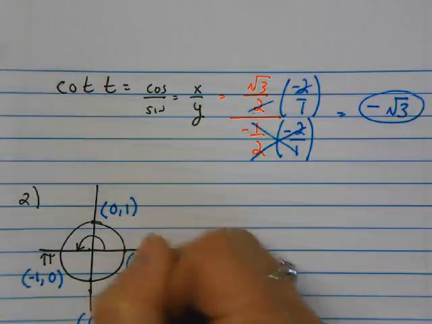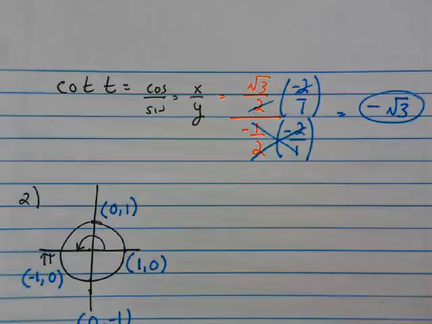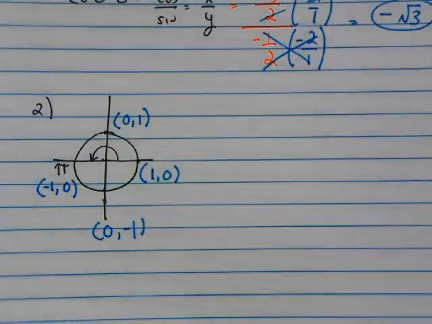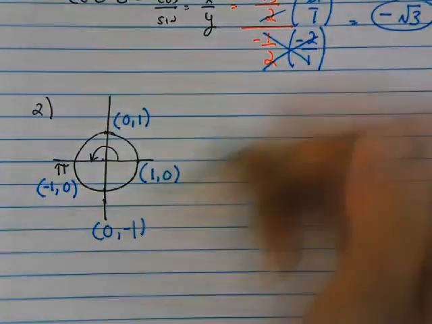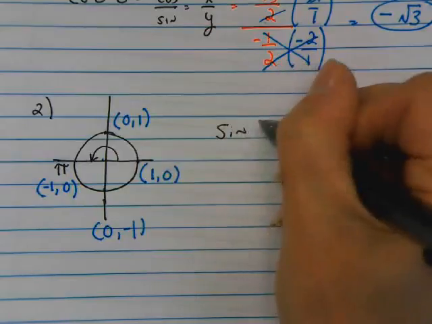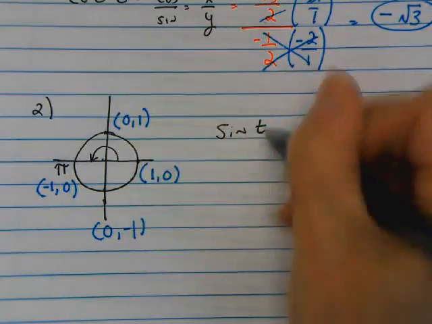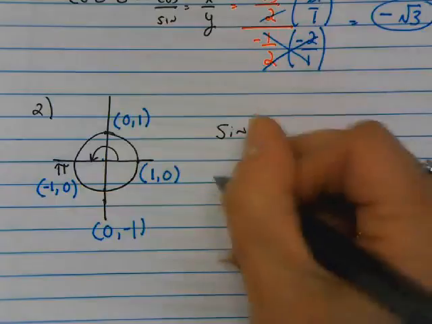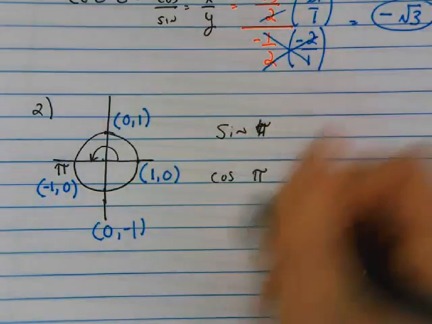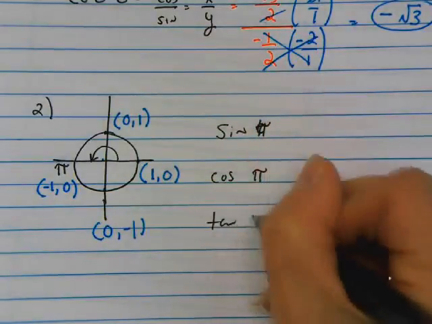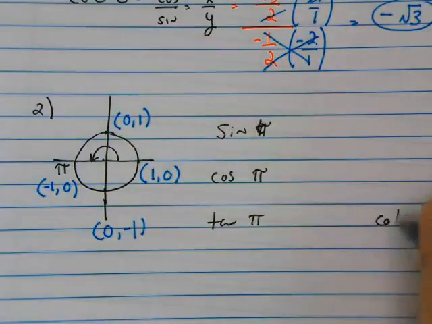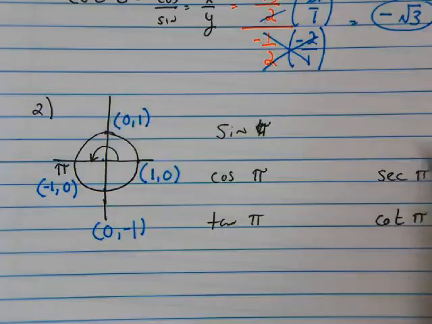So that's how our unit circle plays out. Now, I can ask you for the sine of t, or the sine of pi in this case, the cosine of pi, the tangent of pi, cotangent pi, secant pi, cosecant pi.